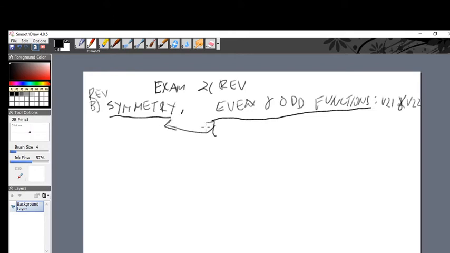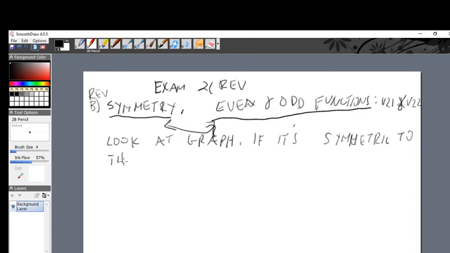Here's the connection. If you look at the graph, and it's symmetric to the origin, then just looking at the graph, you'll be able to tell it is an odd function.